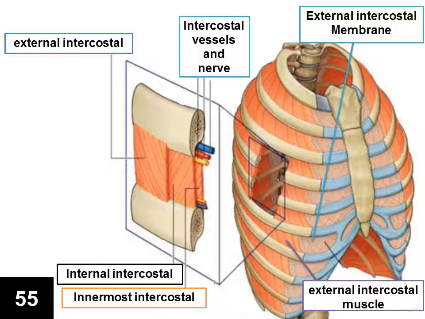Now the innermost layer has three components: innermost intercostal, and these are attached to the inner surface of the rib or lateral part of the thoracic wall.